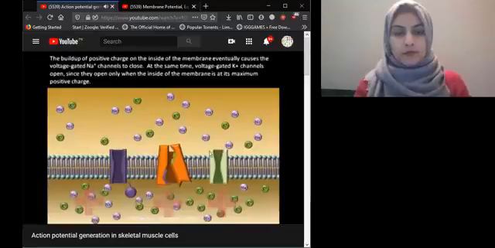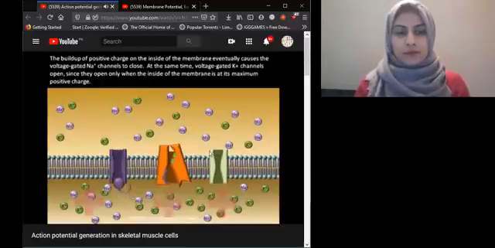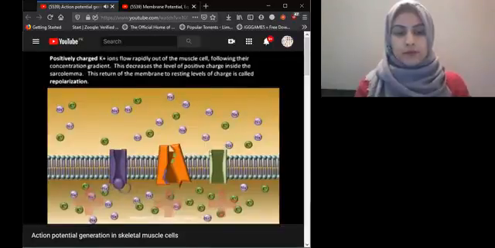The buildup of positive charge on the inside of the membrane eventually causes the voltage-gated sodium channels to close. At the same time, voltage-gated potassium channels open, since they open only when the inside of the membrane is at its maximum positive charge. Positively charged potassium ions flow rapidly out of the muscle cell following their concentration gradient.